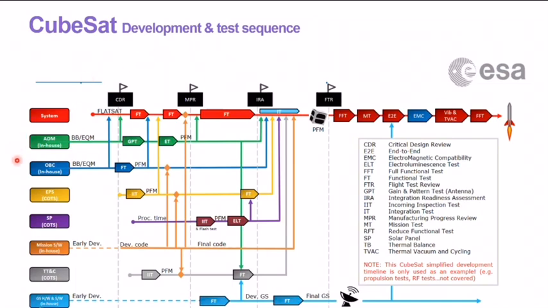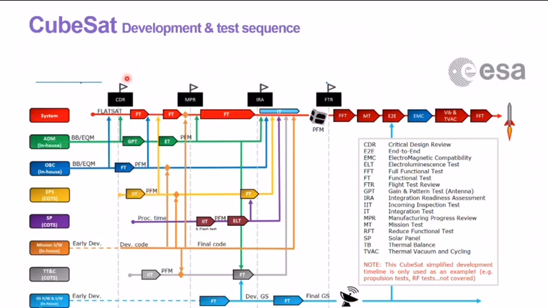Just to give you the main idea, on this side of the screen you can see certain platform and payload subsystems. Some of them are in-house developed, and some of them are commercial subsystems. Now this slide tells you the necessary steps to test the in-house subsystems and the necessary steps to test the COTS, or commercial off-the-shelf, subsystems.